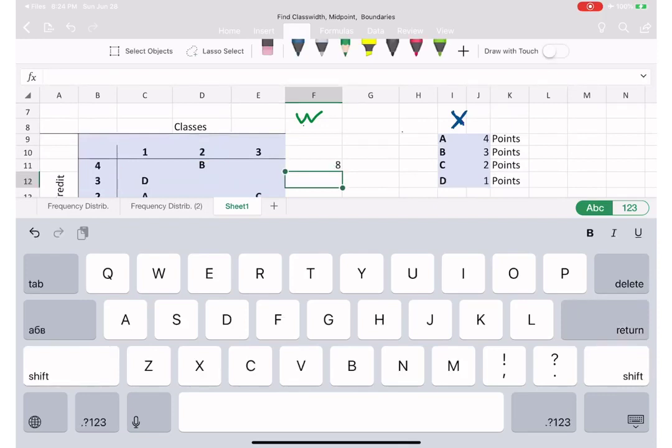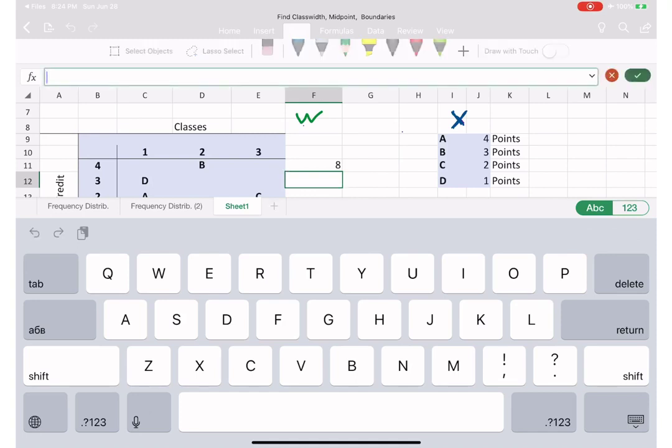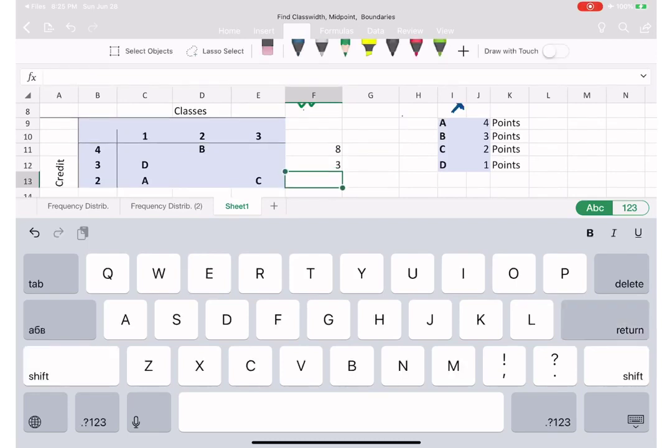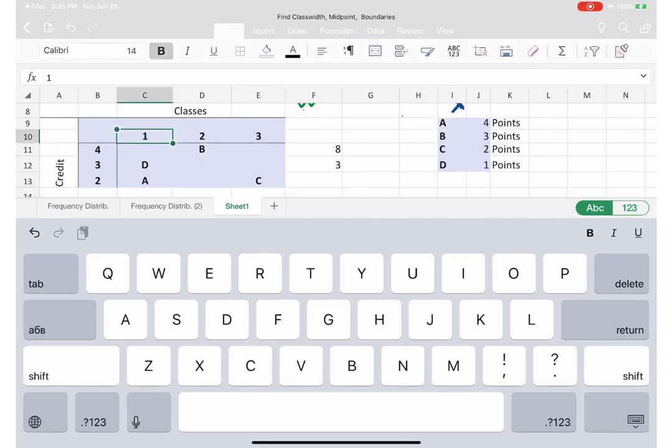Next, for student got D in 1 class, times 3 credit hours. So because D got in 1 class and 3 credit hours, that's 1 times 3.